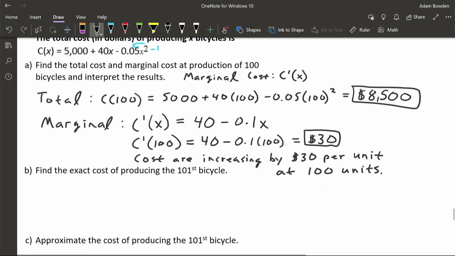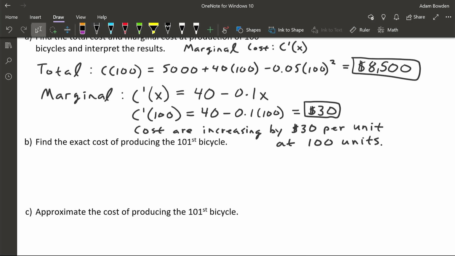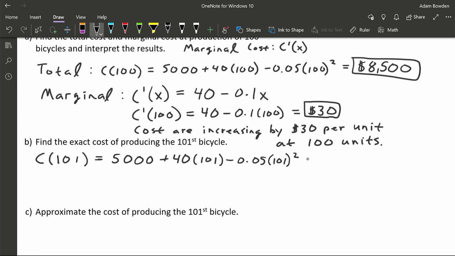Okay, and then the next thing says to find the exact cost of producing the 101st bicycle. To do that, let's find the total costs to make 101 bicycles. Going back to the original cost function and plugging in 101, that comes out to a total of 8,529.95.